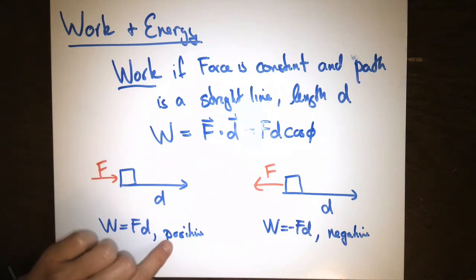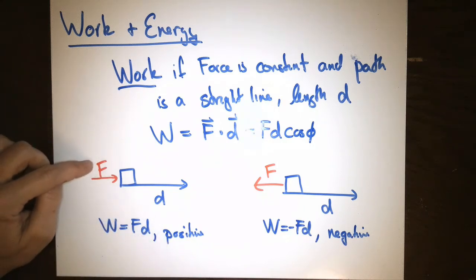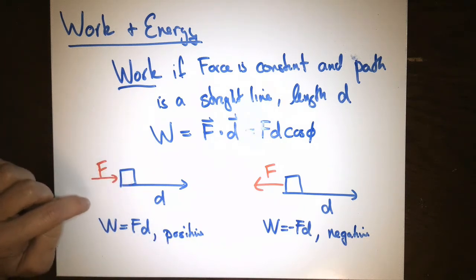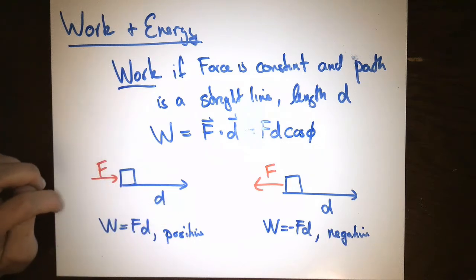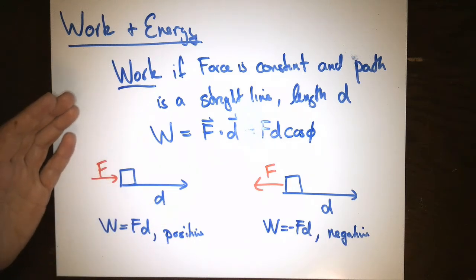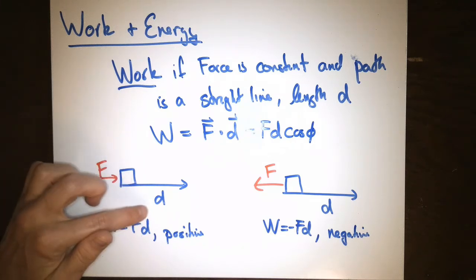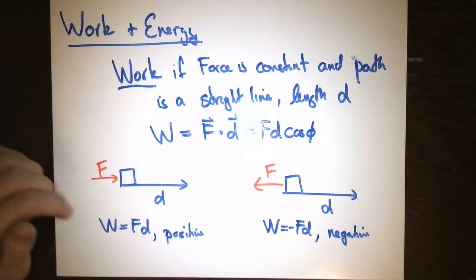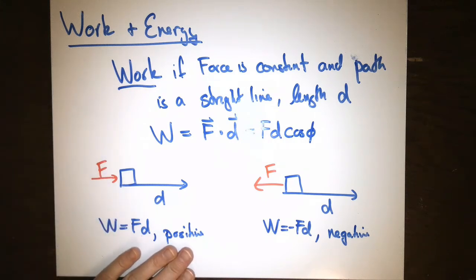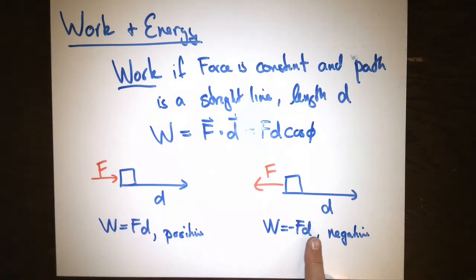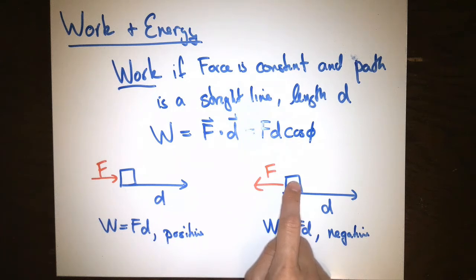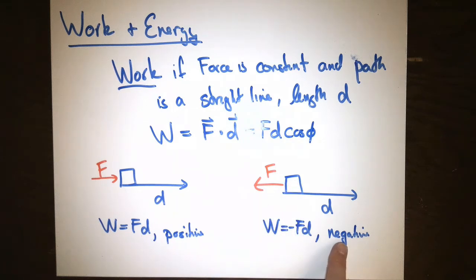So when you see a positive work, that means a force is giving energy to an object. It is pushing in the direction it's moving. So just from what we know from Newton's second law, this force would tend to accelerate or give more speed to this object, obviously giving it more kinetic energy. So that's what a positive work on an object means. A negative work, on the other hand, means that this force is taking energy out of this object. So when a force does negative work on an object, it's removing energy from that object.